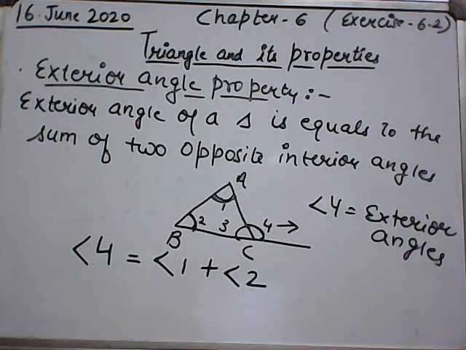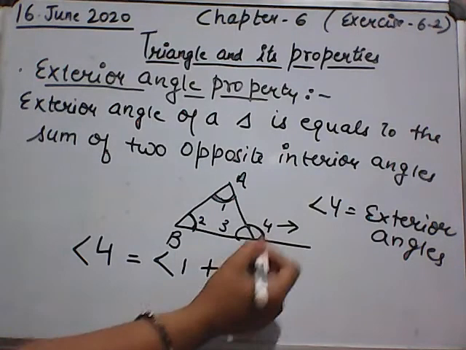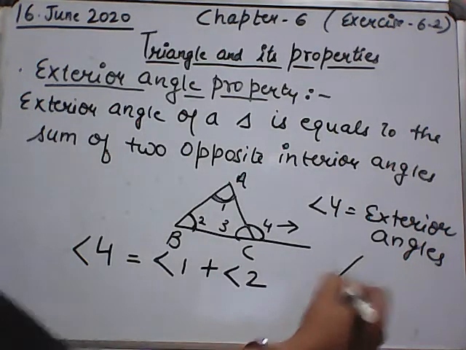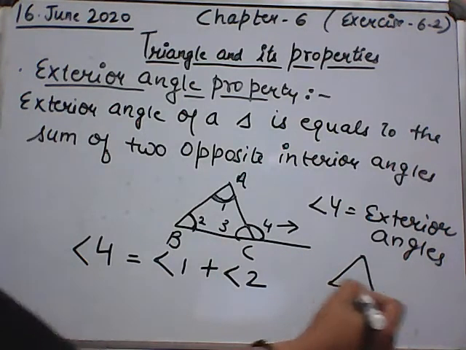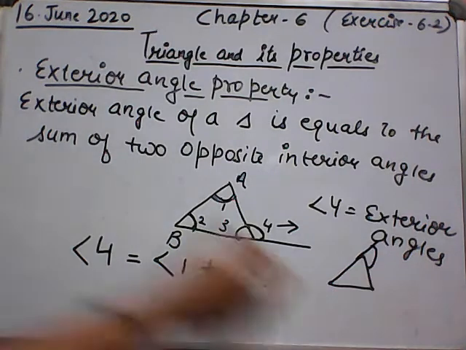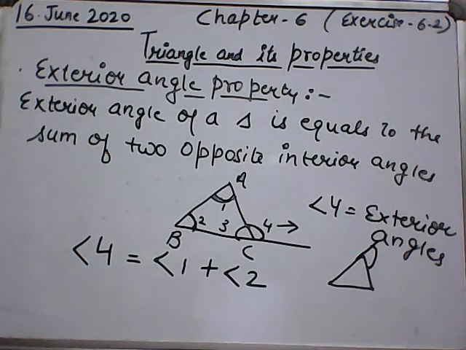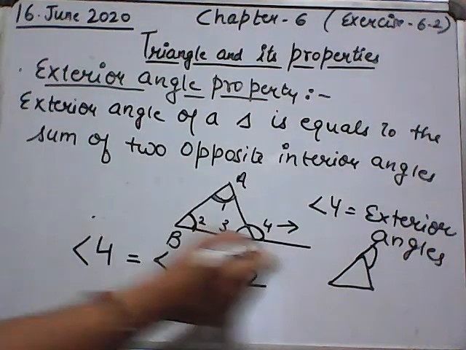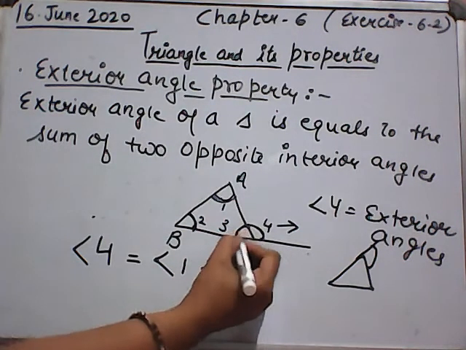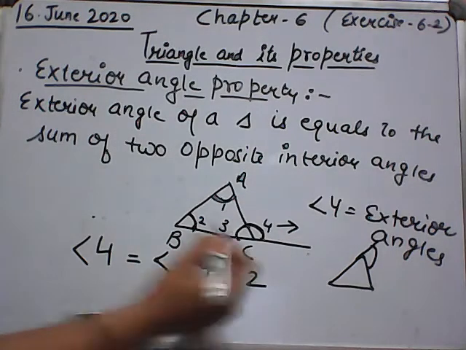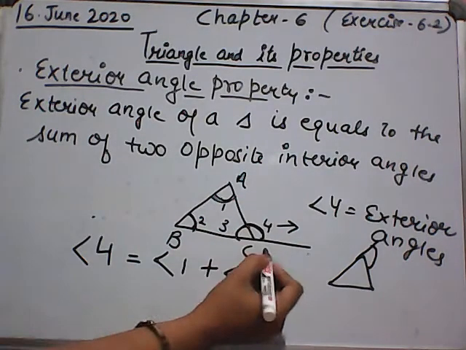Now, an exterior angle can be drawn like this. This one is also an exterior angle. An exterior angle can be drawn through angle A or through angle B or angle C. Now angle 3 and angle 4. In this triangle, angle 3 and angle 4 form a linear pair.